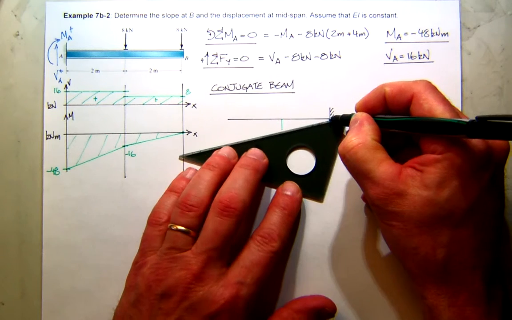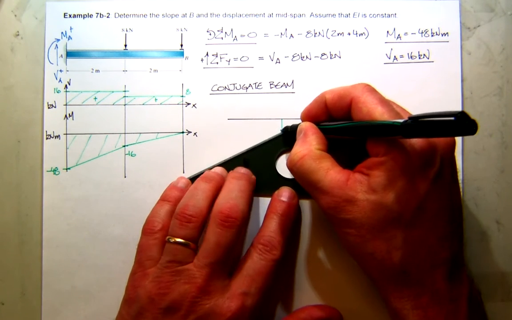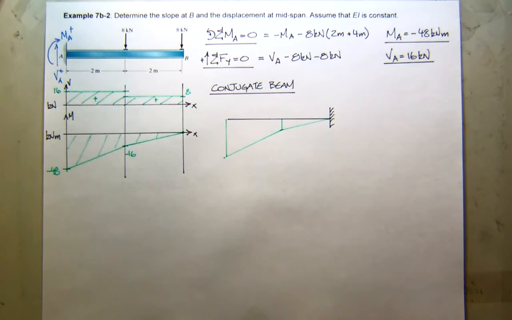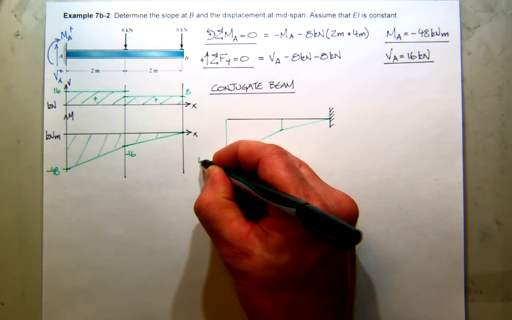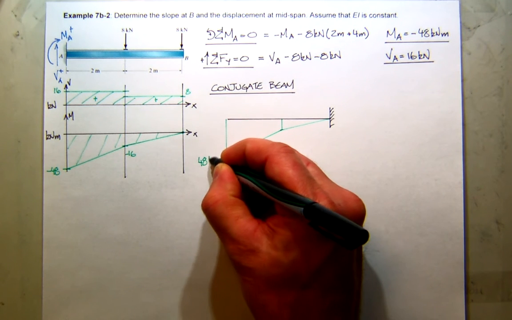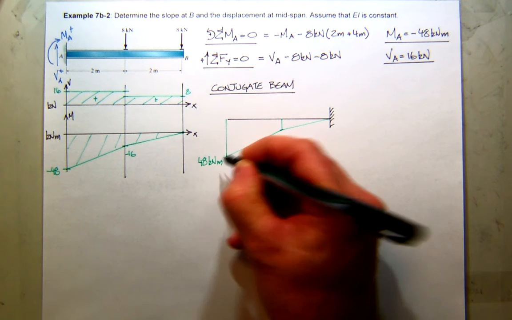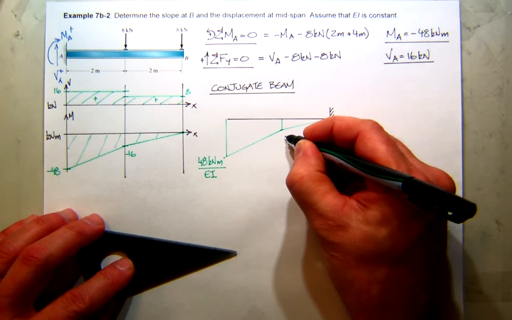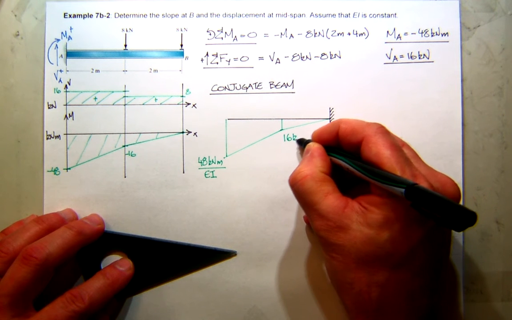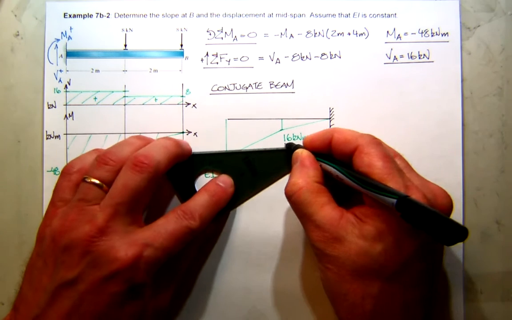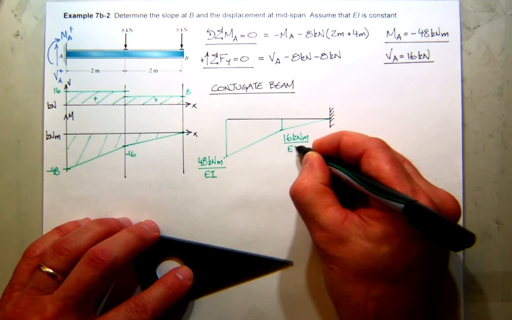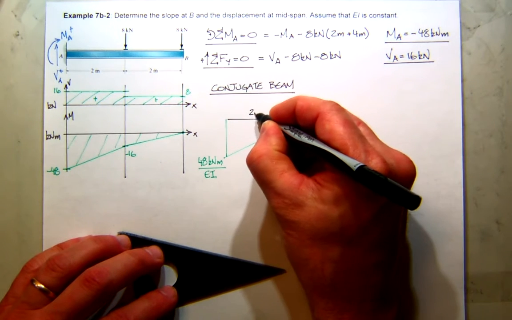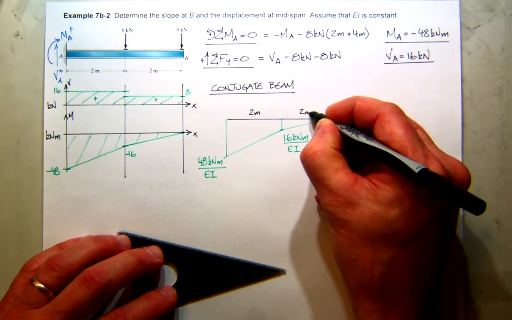And when you do that, you might get something that looks like this. This has a value of 48 kilonewton meters, and we're going to now divide it by EI. And this value would be 16 kilonewton meters divided by E and I. And just to remind us, this is 2 meters, and this is 2 meters.